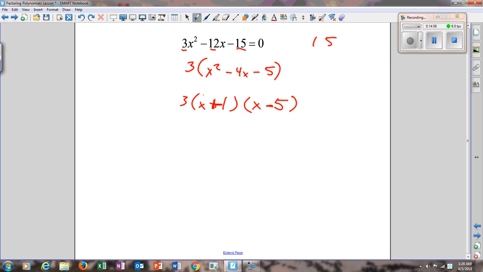Now let's check to see if it worked. Negative 5 times x gives you negative 5x, positive 1 times x gives you a positive x. Negative 5x plus 1x gives you negative 4x. But we're technically still not done.